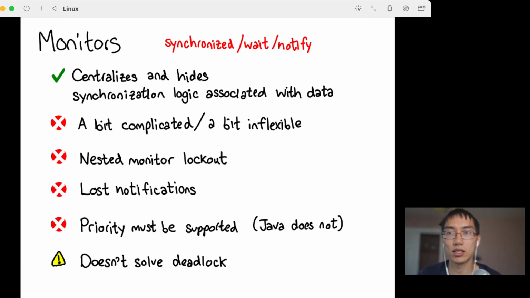One problem is the so-called lost notifications problem. The way that notify works in Java is it just says, okay, given the current state of any waiters on this object, I will wake one of them up. But there's a problem, which is, let's say that you do a notify and no one is waiting for you yet because you actually raced and the person who was about to wait only comes in after you did the notify call.